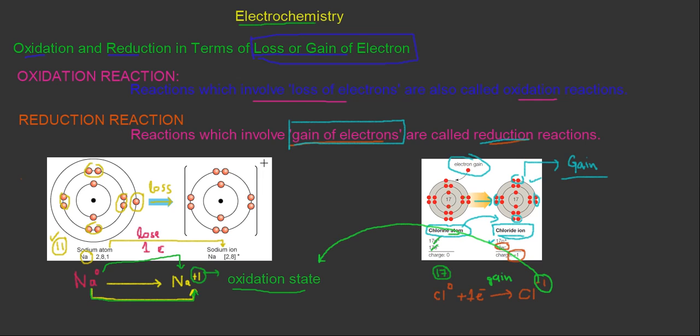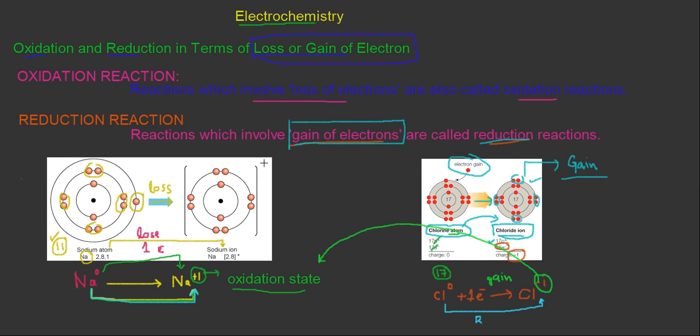And we have another definition of oxidation and reduction, as I have told you in the case of sodium. The sodium is converted from 0 to positive 1. It is an increase in oxidation state, so this is known as oxidation. While in this case, chlorine is converted from 0 to minus 1. So it means this is reduction.